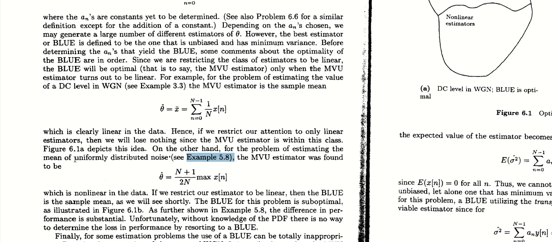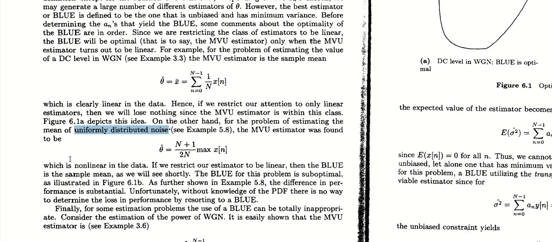If you have uniformly distributed noise and you want to estimate the mean, the MVU estimator will be theta hat equal to (N plus 1) divided by 2N times max x_n. The point is, this is nonlinear.